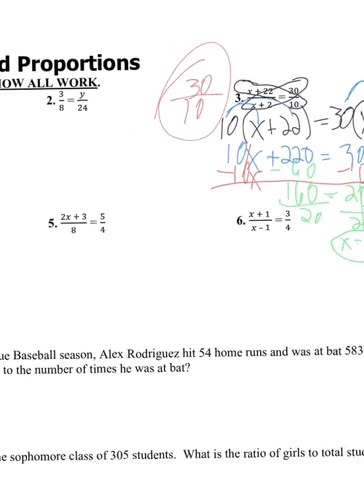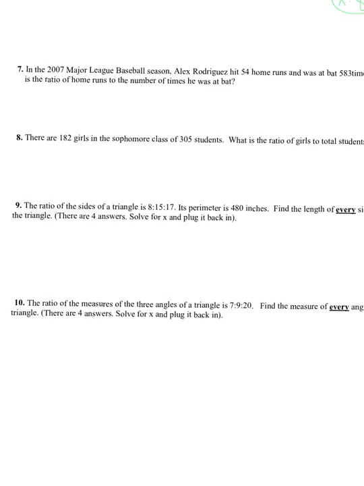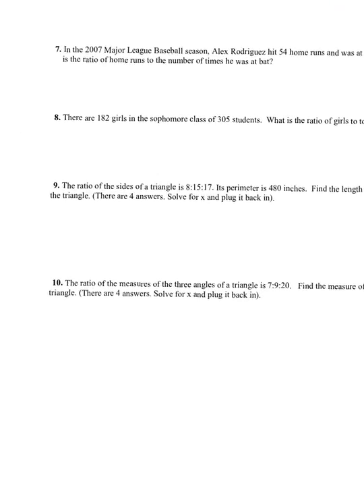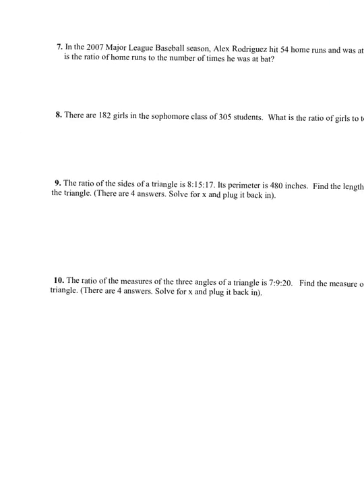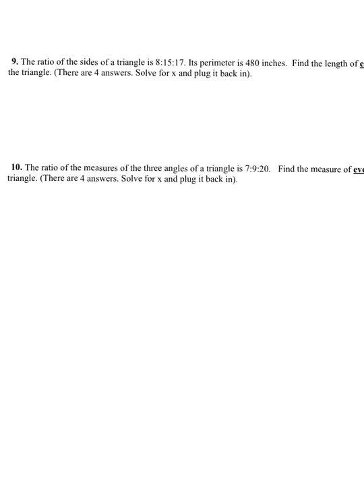Okay. And these are going to be like that triangle one. I want you to solve for x and plug it back in. The ratio of measures of three angles of a triangle are 7, 9, and 20. So just go 7x plus 9x plus 20x.